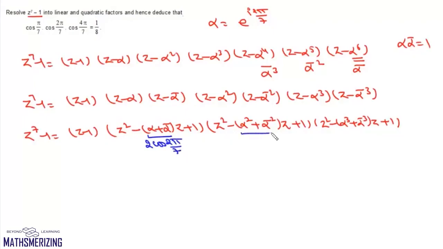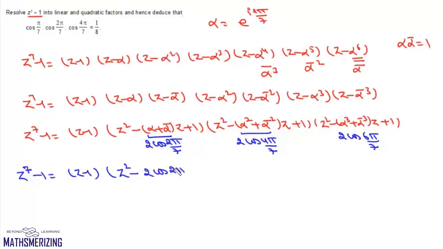This is 2 cos 4 pi by 7 and this is 2 cos 6 pi by 7. So we'll get z to the power 7 minus 1 as z minus 1, z square minus 2 cos 2 pi by 7 z plus 1, z square minus 2 cos 4 pi by 7 z plus 1 and then z square.